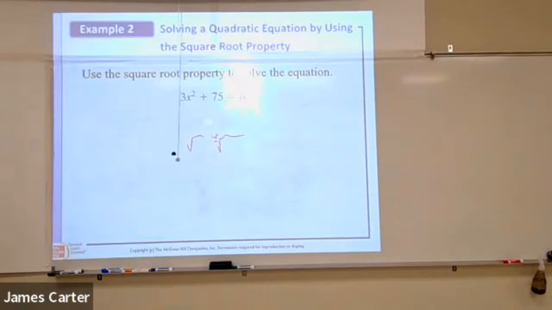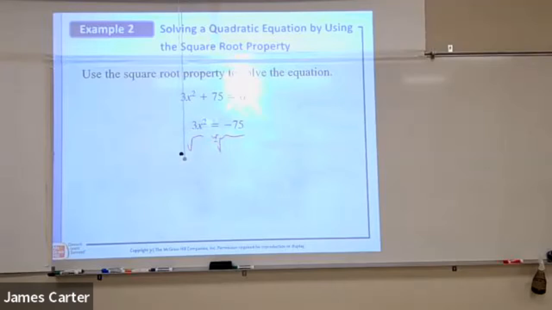Okay, here's another one. See, I'm missing my middle term on this thing. Now, on this one, I want to take the 75 over. And I also want to get rid of that 3 because it's not a perfect square.